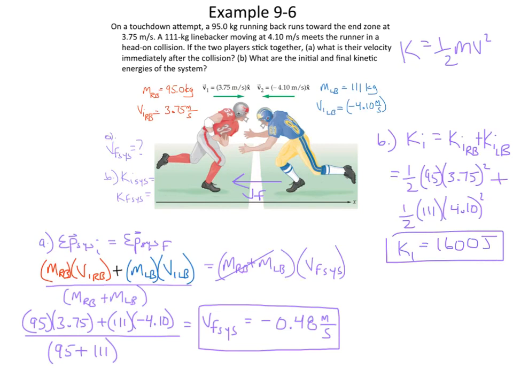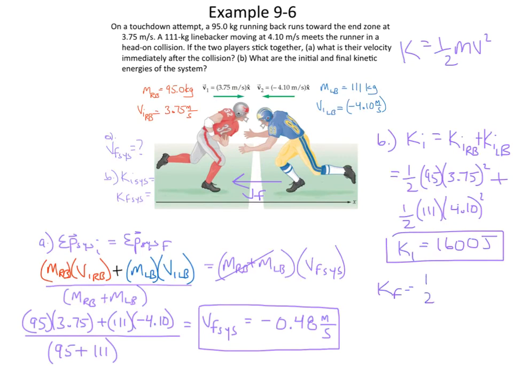All right, let's compare that to the final energy of the system. Now, we're not going to have to write quite as much because finally, after the collision, it's all one mass. It's all one system. So for kinetic final, we only have one kinetic to calculate.